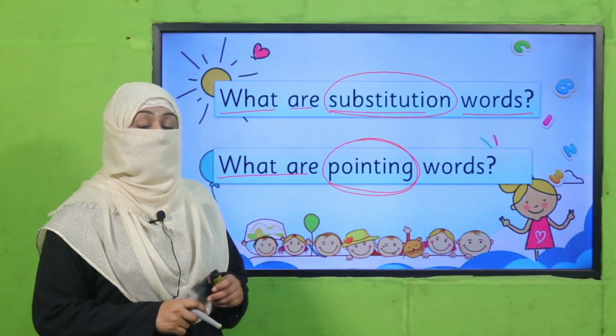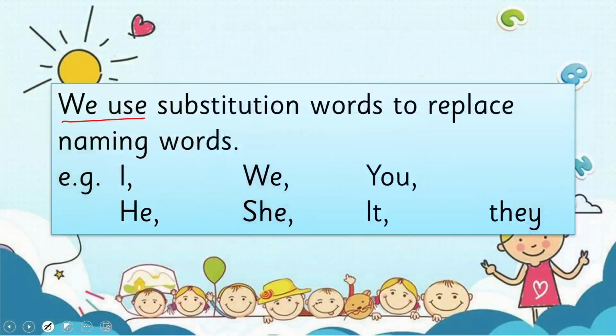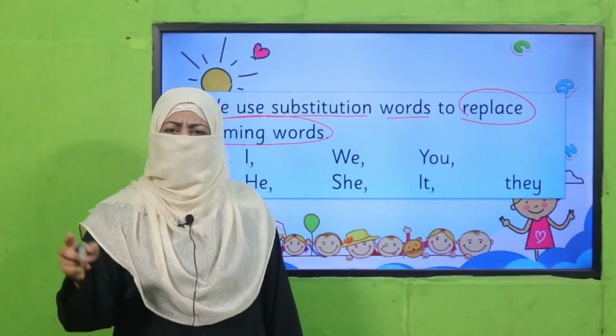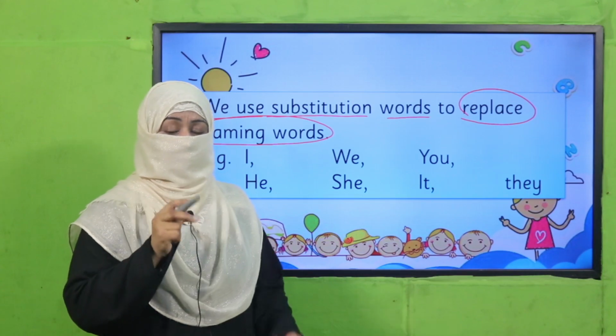Yes, my dear students, substitution words. Remember, we use substitution words to replace naming words. So what are naming words? Everything around us has a name that is called a naming word.